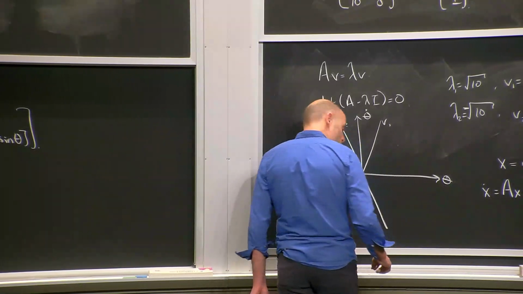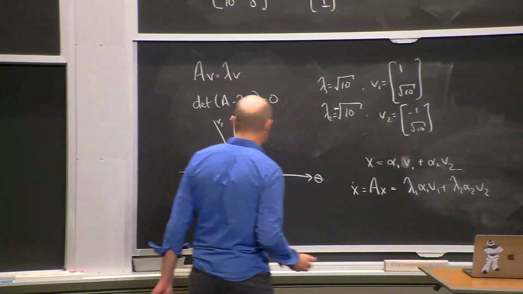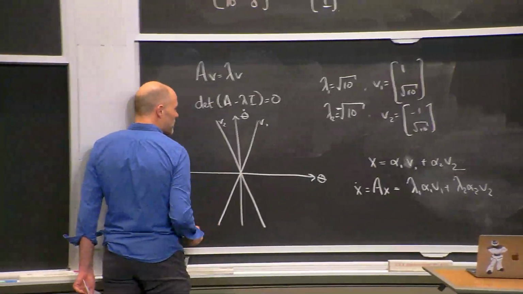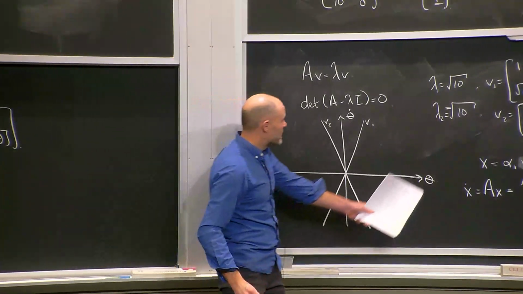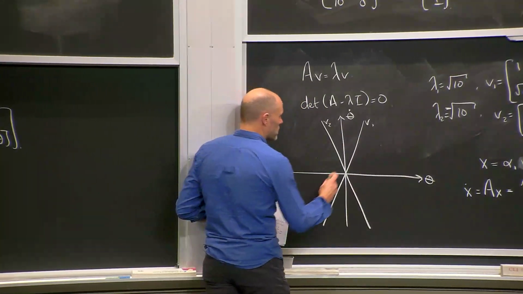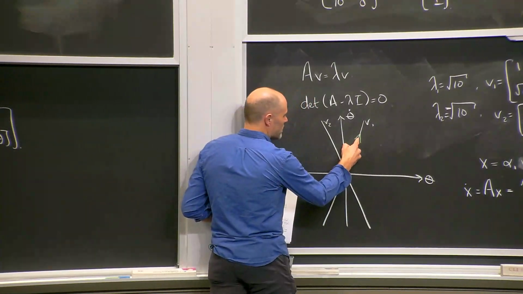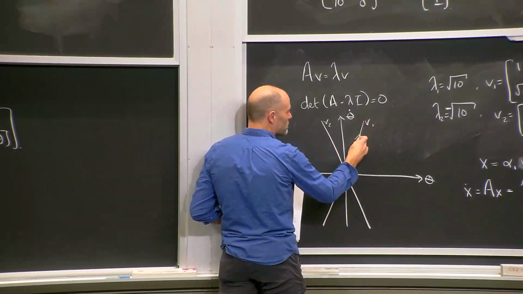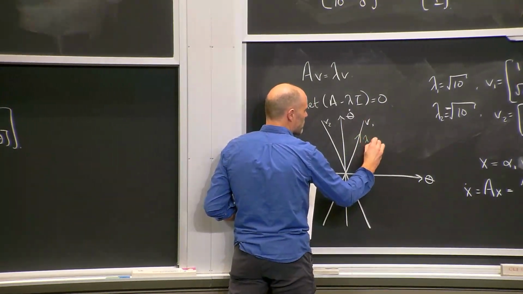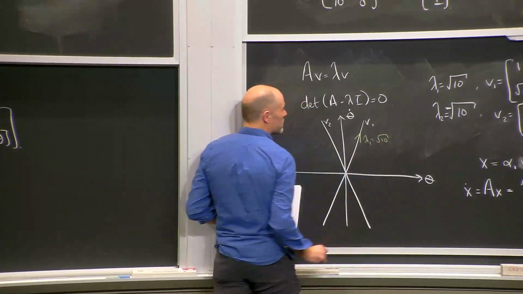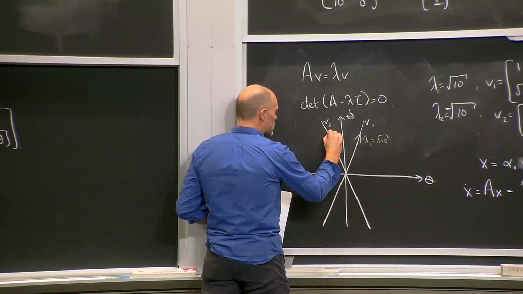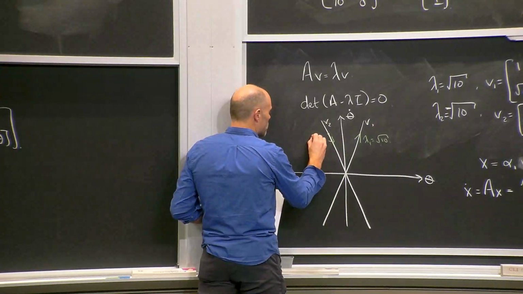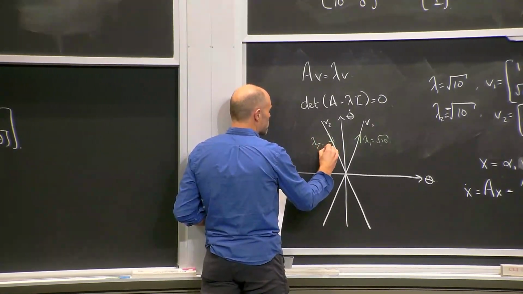So for all the states that are on the eigenvectors, the dynamics are trivial. Any vector here is going up with square root of 10, that's lambda 1, and any vector here is going down with lambda 2 equals negative square root of 10.